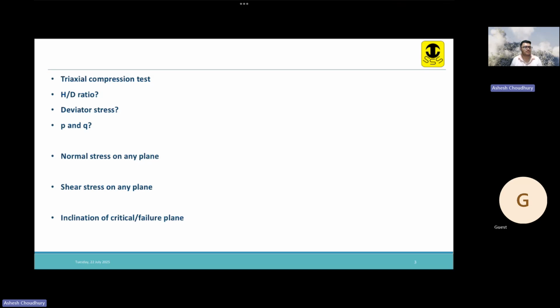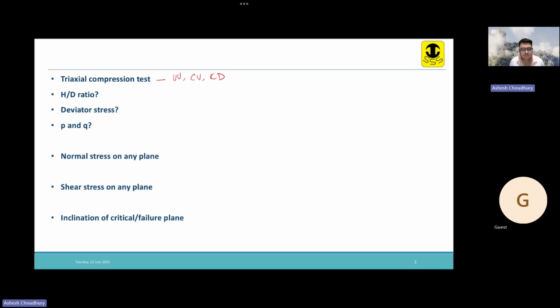We are not going to discuss them in detail because we already studied them in our basic soil mechanics courses. We are just going to brush up on the knowledge we have. So we have three types: UU, CU, and CD tests.